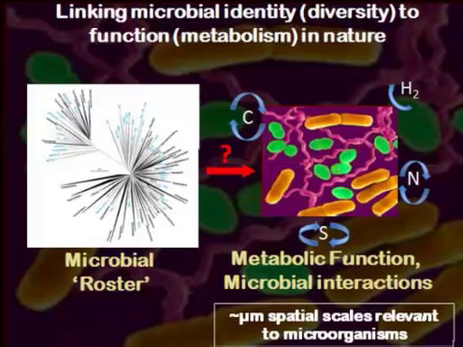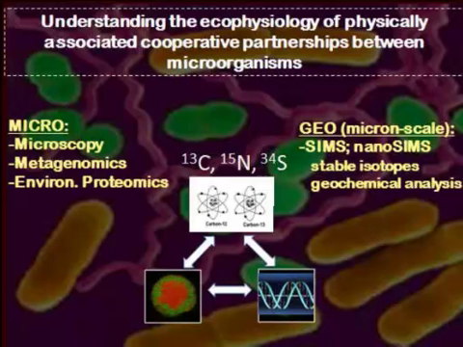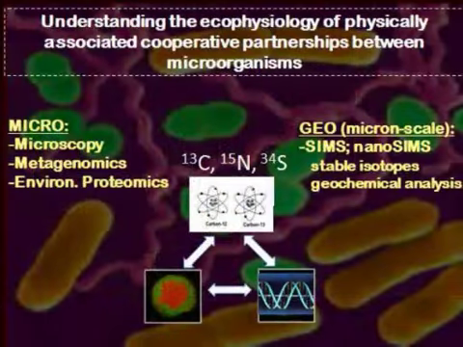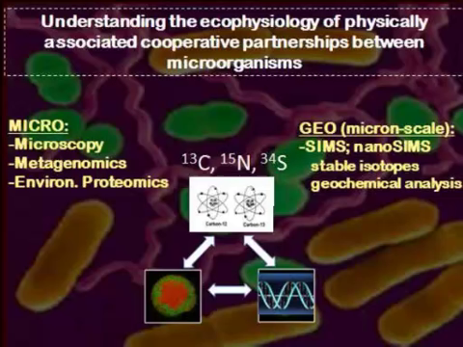Okay. So the way that we've tried to approach this problem in my lab is to take some of the technologies that have been developed in the omics field and molecular tools and combine them with techniques that have been championed by the geosciences, in particular those technologies that allow us to query the geochemistry and stable isotope distribution at the microscale.